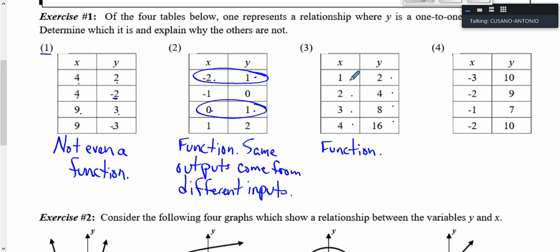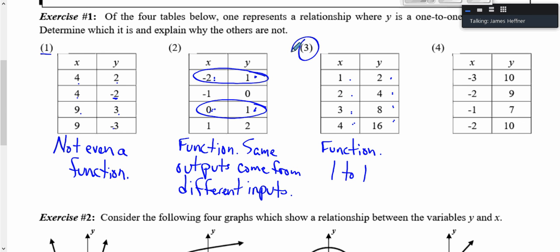Yes. If you go back and look at number 2, this output of 1 comes from 2 separate inputs. And over here, every single one of these outputs comes from a different and unique input. So this is one-to-one.